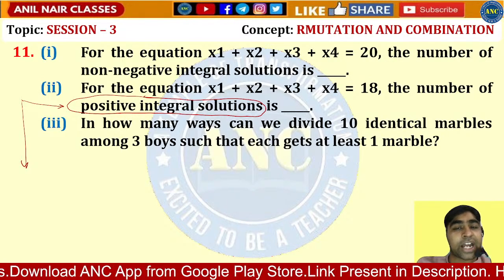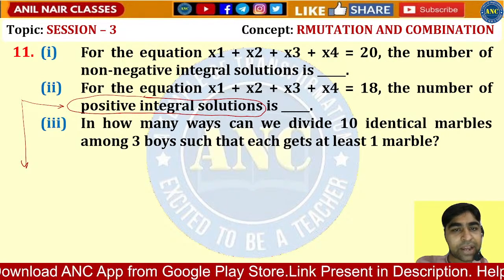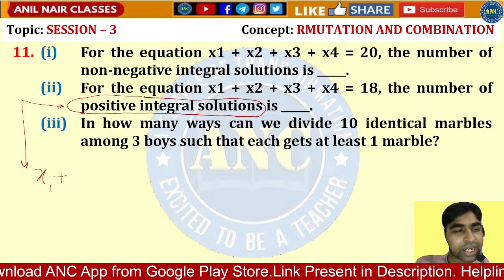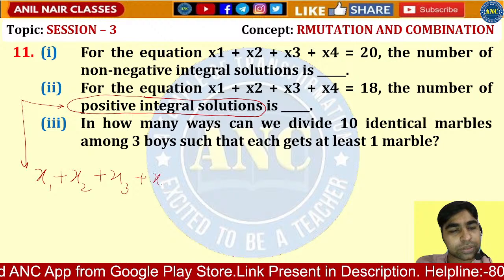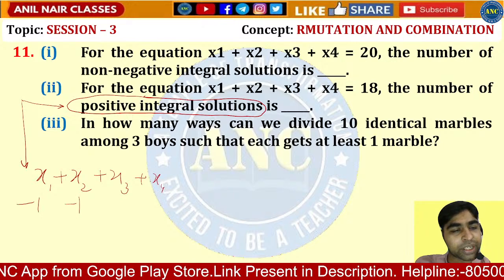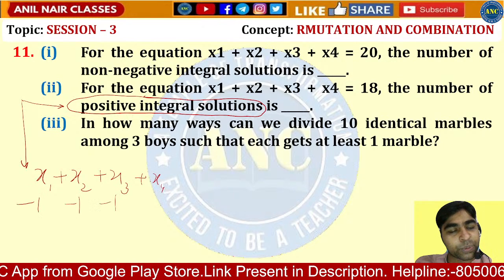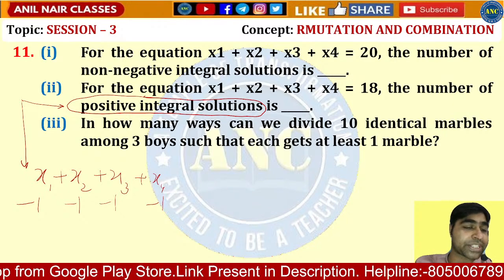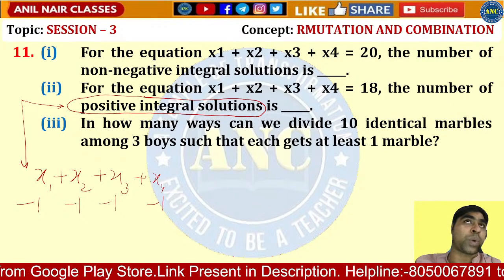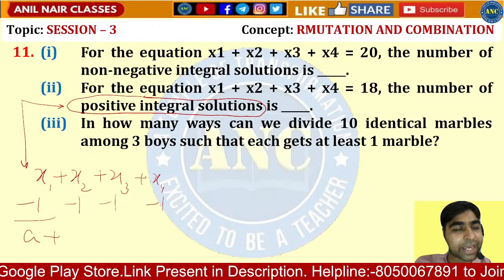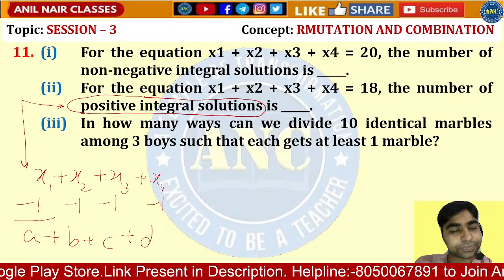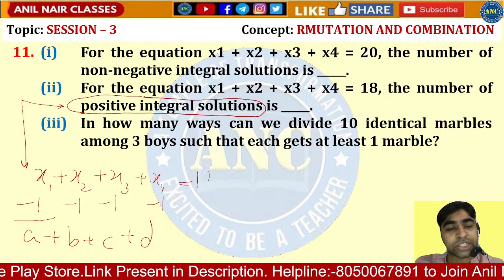After I fulfill that, I actually had to do x1 plus x2 plus x3 plus x4. I have given 1 to x1, 1 to x2, 1 to x3 and 1 to x4, so I am left with a plus b plus c plus d. This was 18.